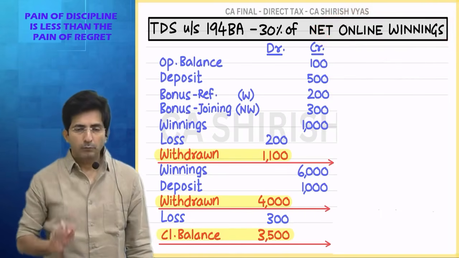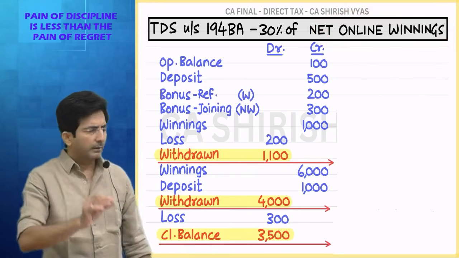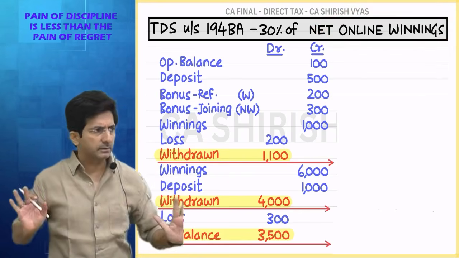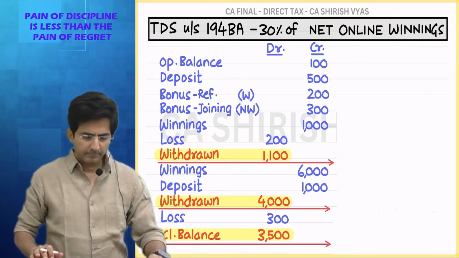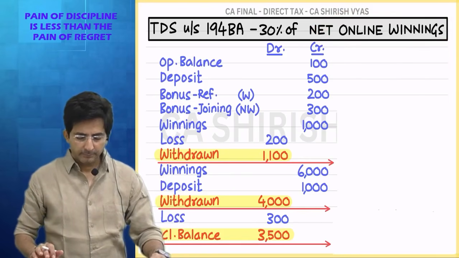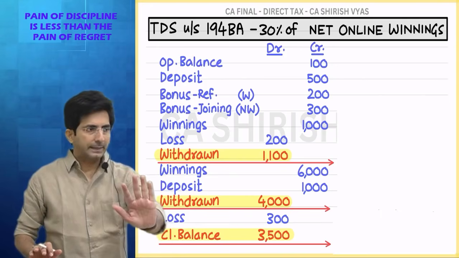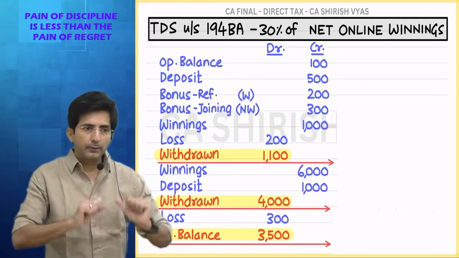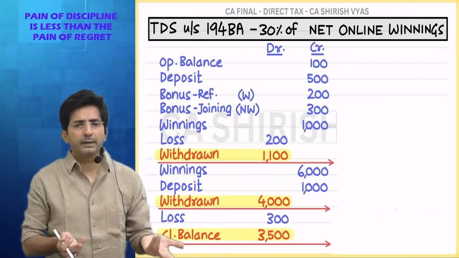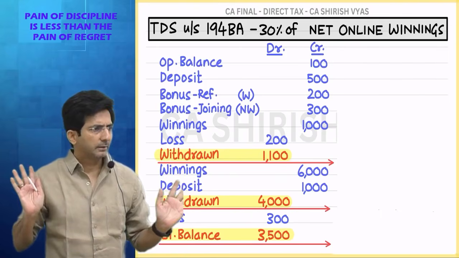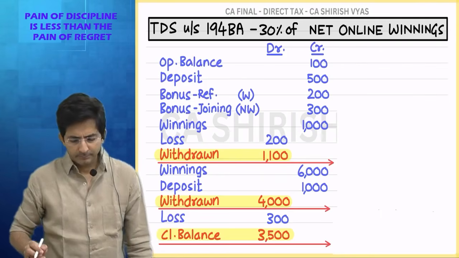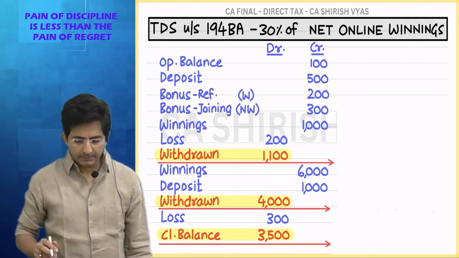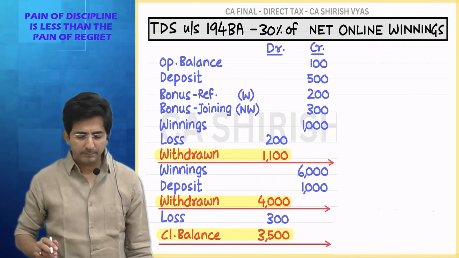First take some time and go through the transaction which I have written here, and then I will start the discussion. One thing I said: TDS will come when? At the time when the winnings are withdrawn, or if not withdrawn, then at the end of the financial year, whichever is earlier. Read this and then I will start the discussion.